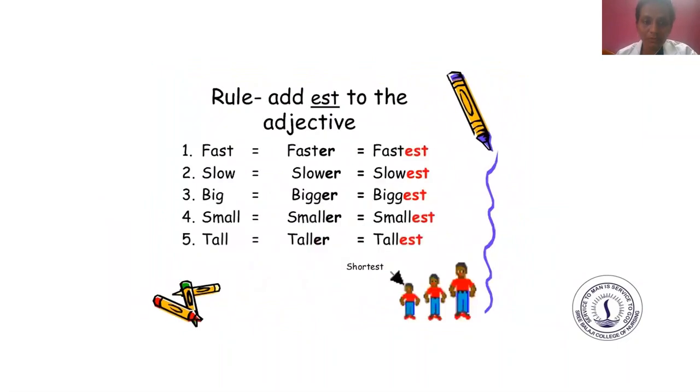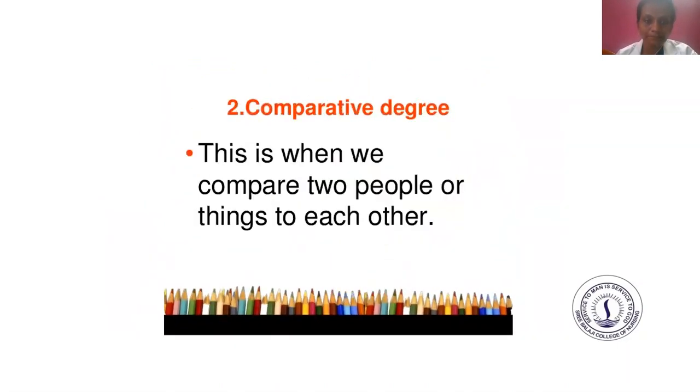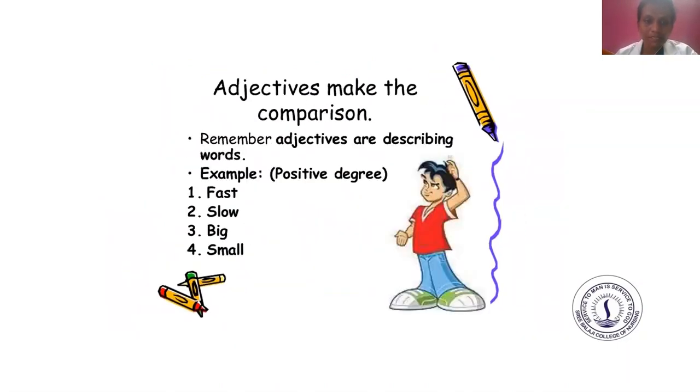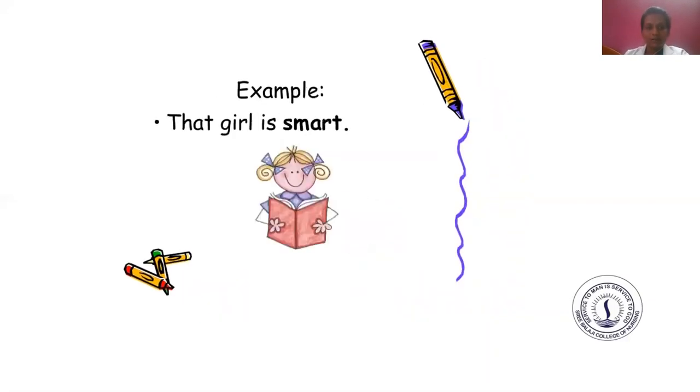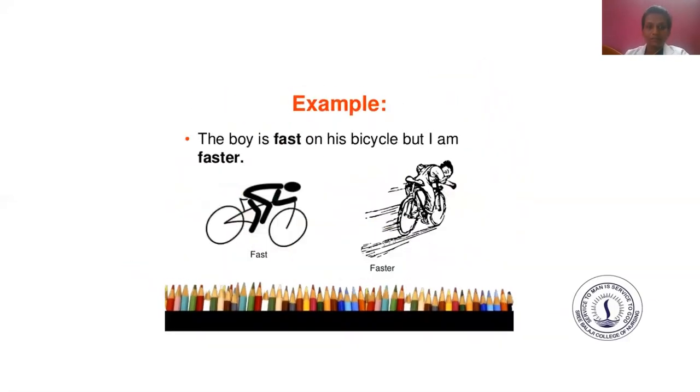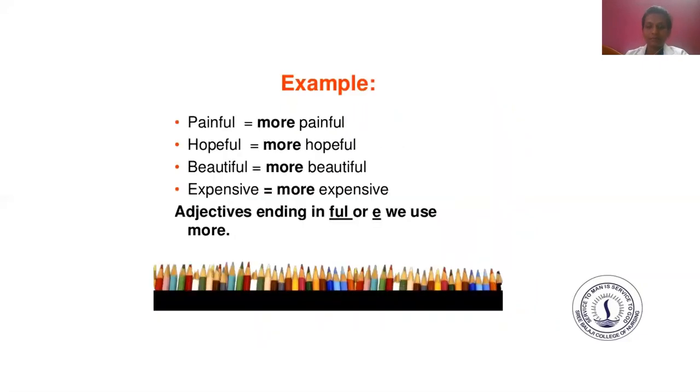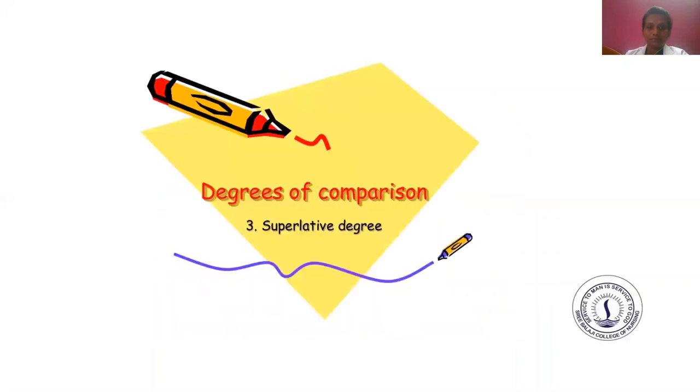So we have seen so many adjectives here. So please note down all the adjectives, like positive is fast, faster and fastest, and try to make sentences for all the adjective forms. So I hope you understand all these three degrees of comparison: positive, comparative, and superlative.